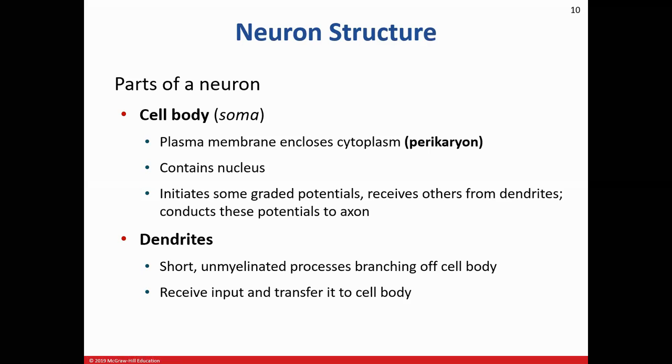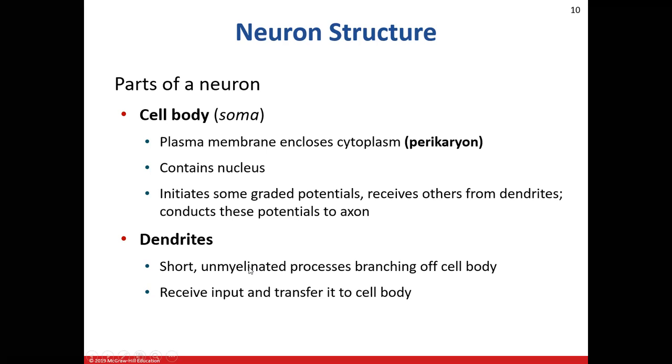Our dendrites are going to be the short, unmyelinated processes that branch off the cell body. This is the receptive area of the cell, and it receives input and transfers it to the cell body. Now you'll notice this term up here, unmyelinated.